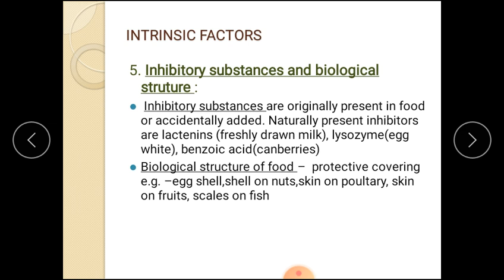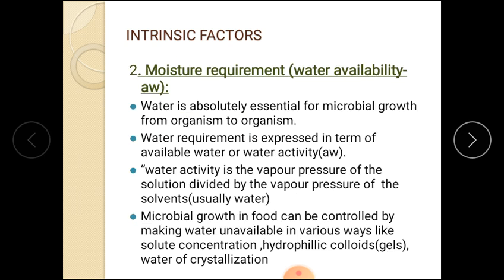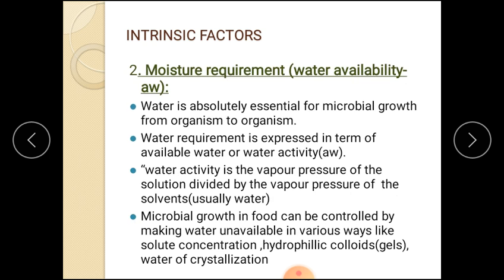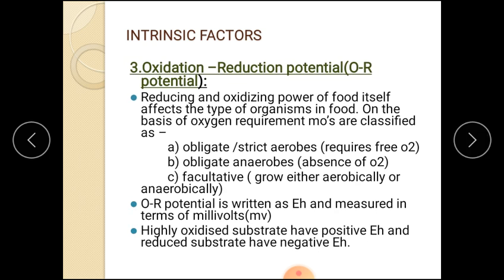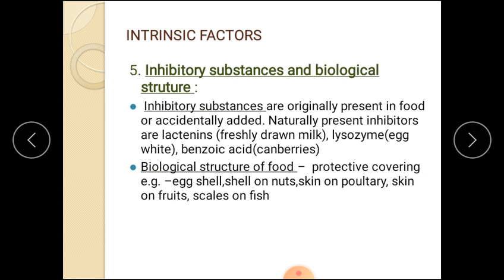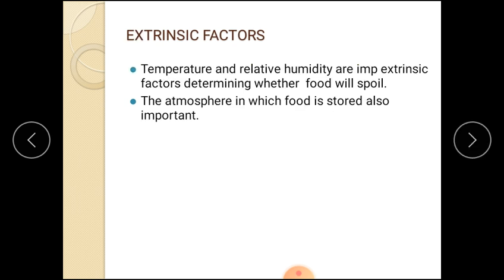So we have studied some intrinsic factors today. First was pH, next moisture requirement, next oxidation reduction potential, nutritive content of food, inhibitory substances, and biological structure. So these are the intrinsic factors on which the growth of organism is dependent. Next factor is the extrinsic factor.